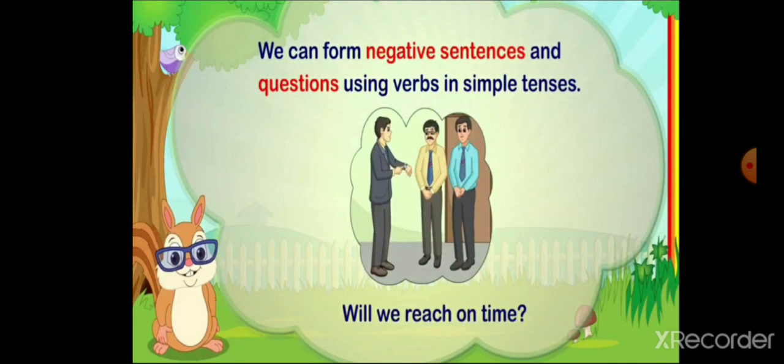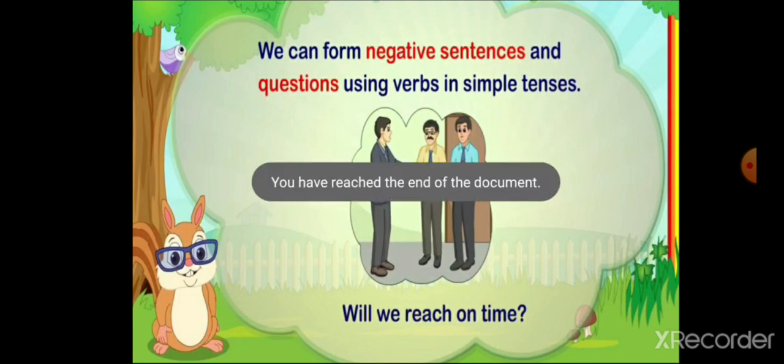Will shows that this is the simple future tense, right? So we have to use the helping verb at the first while we are framing a question. Will we reach on time? So such type of questions can be framed with the help of simple tenses.